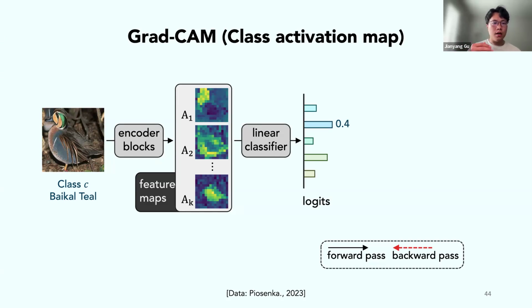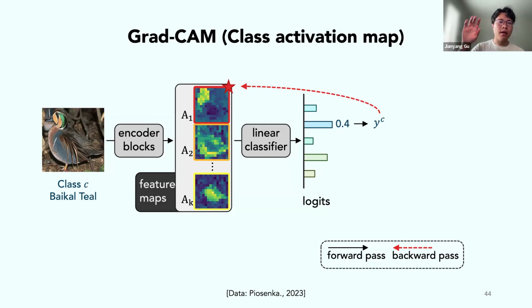Suppose the probability for bicolored is 0.4. Now we backward this probability, we want to maximize it. We say we want to maximize this probability, then which feature map is important? So we will have a score based on the gradients.